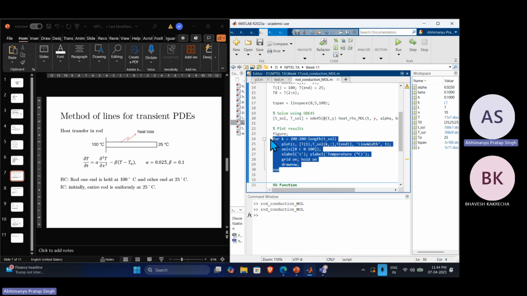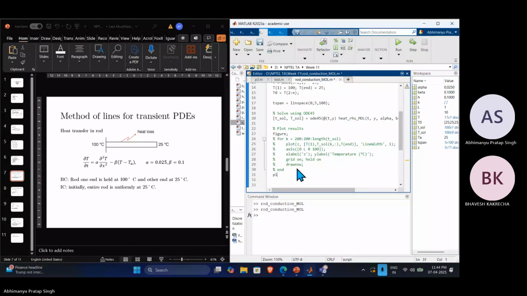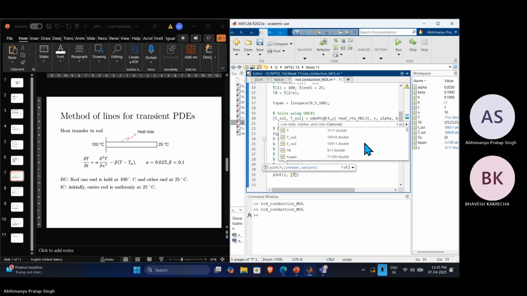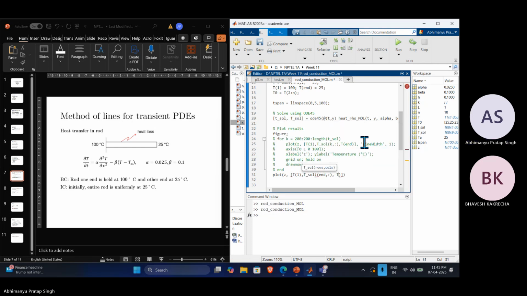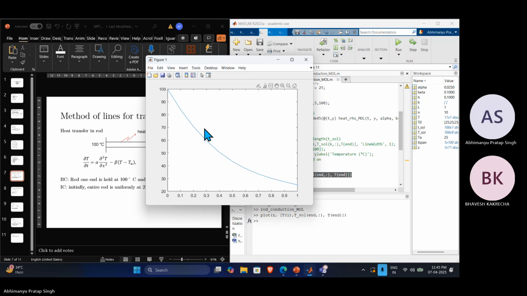Just plot it like this. So this is the temperature that I'm getting.